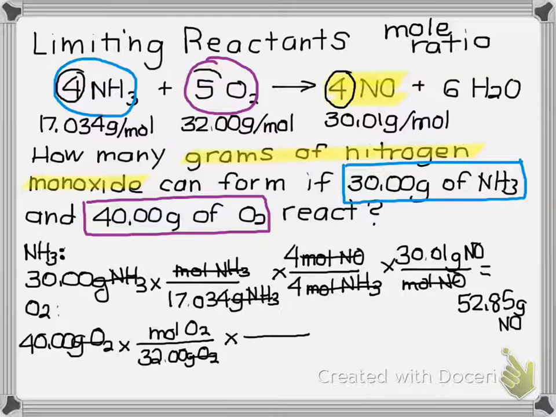Now I have moles of oxygen, so I'll multiply by the mole ratio from the equation. Now oxygen, looking at the reaction, has a coefficient of 5, so 5 would go on the bottom, because you always put what you're given on the bottom, so it will cancel. And then I'll look at the 4 again from the NO. The moles of O2 will cancel.